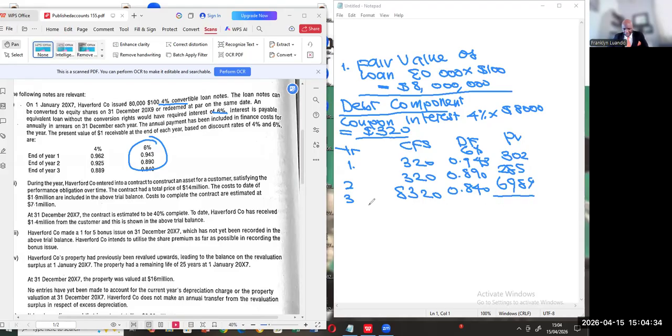The total will be the debt component, 7,576. The total principal is 8,000. So the balancing figure is the equity option. Equity option there will be 424.